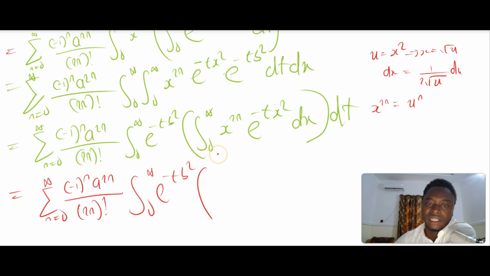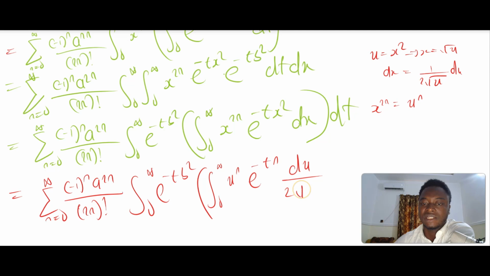And for this inner integral, with the limits still from 0 to infinity, you have u to the n, e to the negative t u, times du all divided by twice the square root of u, and then dt again.